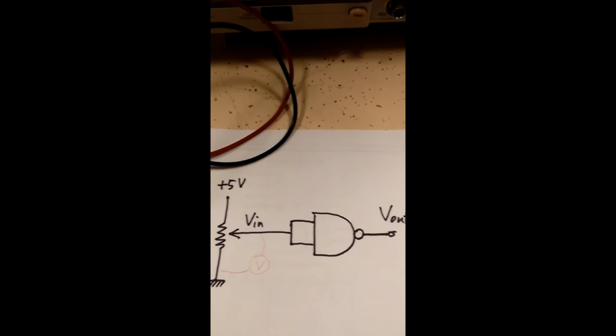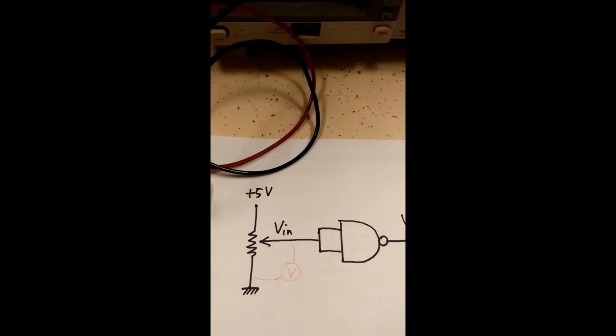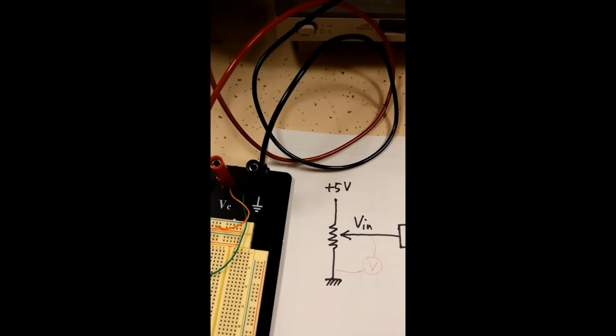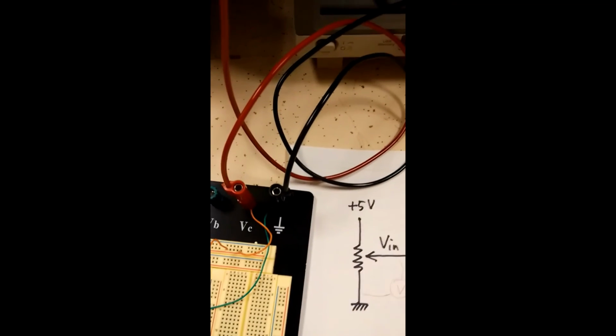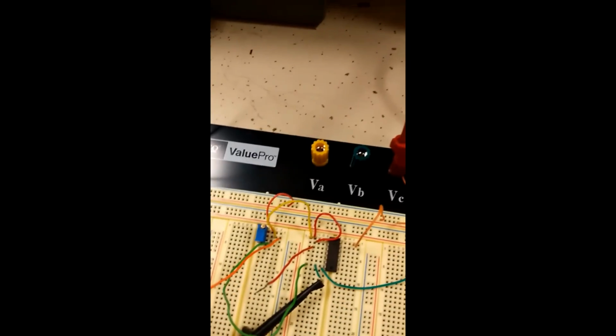So basically it's done for 4011. The next step is that we have to repeat using the 7400 NAND gate. So we're going to change to 7400.